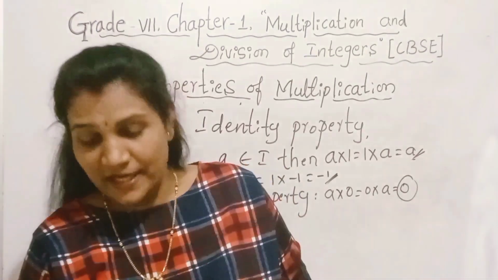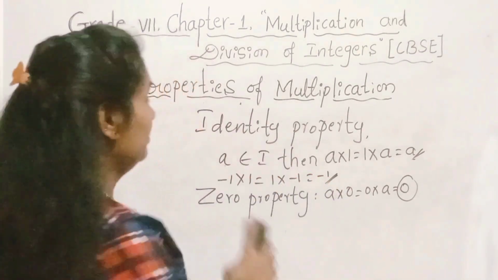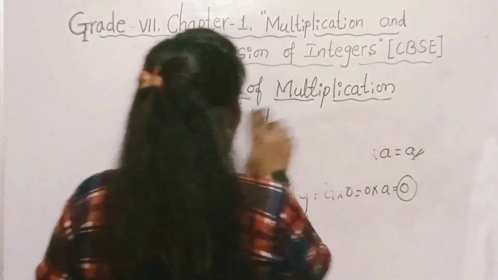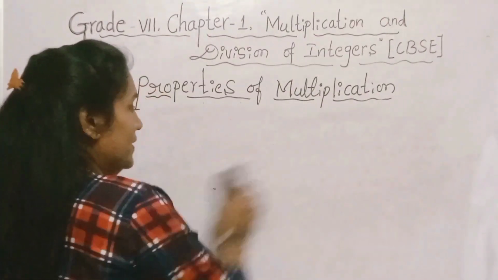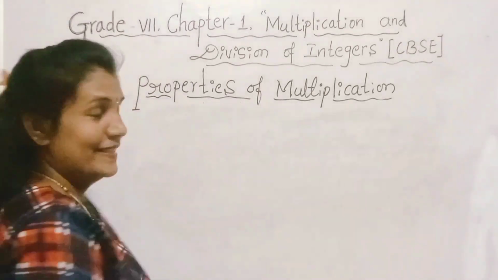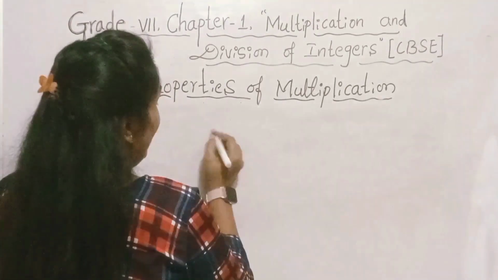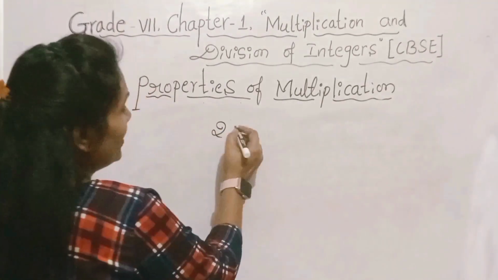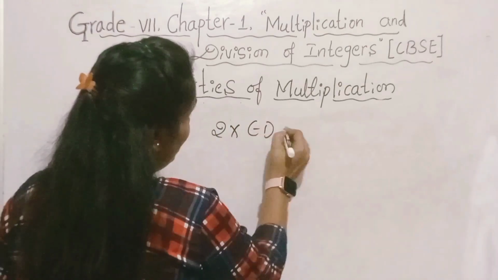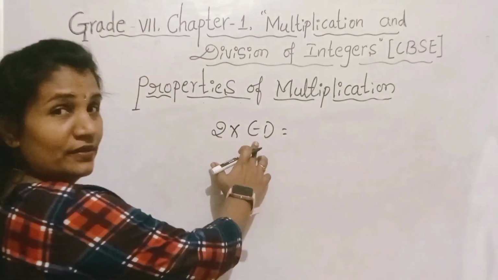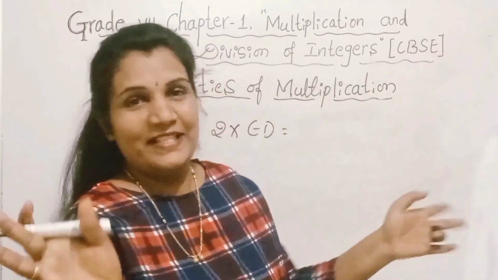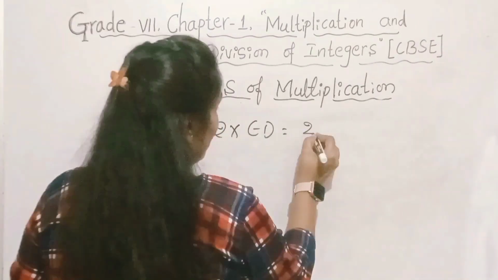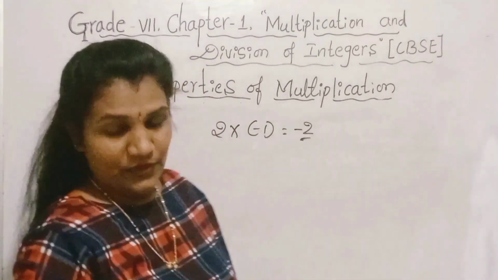Now, multiplication by minus 1. Any integer multiplied by minus 1 gives, see here, any integer, I'll take 2. Any integer multiplied by minus 1 gives the integer with the opposite sign. 2 ones are 2, that is minus 2.